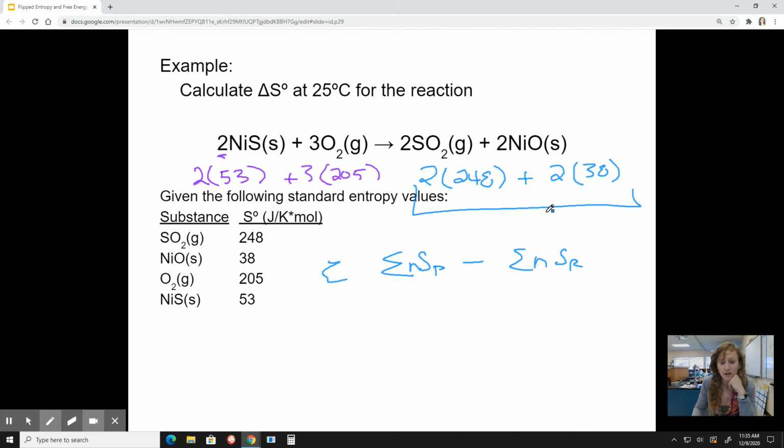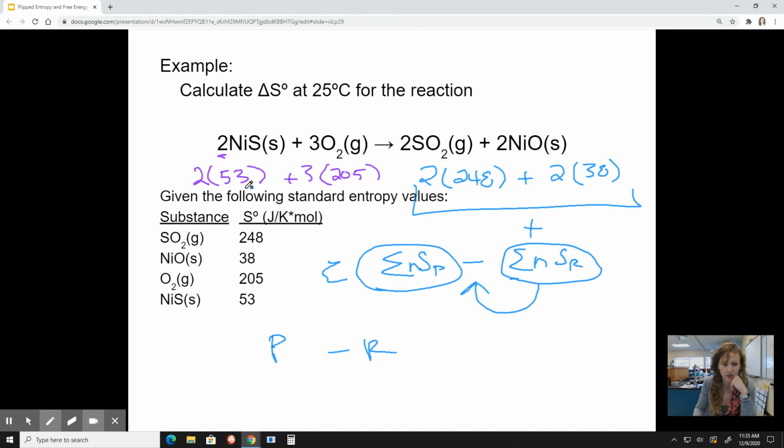So all of the products are going to be positive according to the equation. All of the reactants are going to be negative according to the equation. So you either have to take products minus reactants, or again, you can just put a negative sign out here in front of all the reactants. Okay, let's do this.